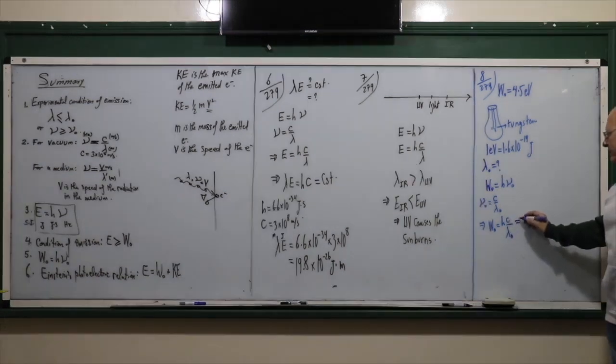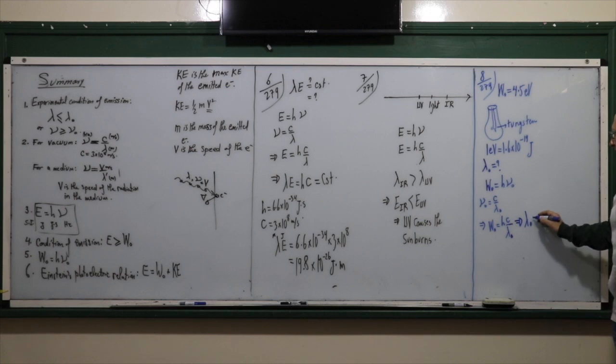This implies lambda node equals hc over W node, h is 6.6 times 10 power minus 34, times c, 3 times 10 power 8, over W node, 4.5 electron volt times 1.6 times 10 power minus 19.